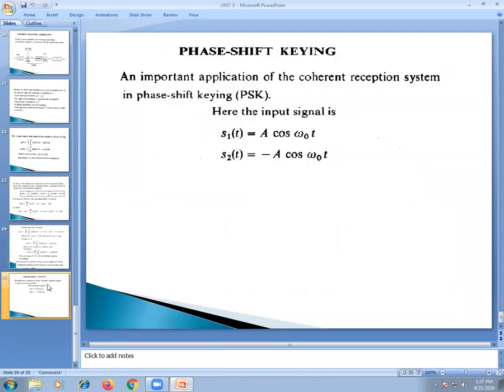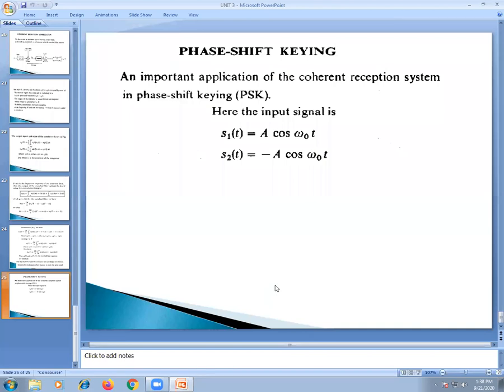The application orientation, let us see the PSK, phase shift keying. In phase shift keying, the input signal is applied to the correlation function, where the correlation function gives S naught of t and N naught of t outputs. So students, visualize the block diagram there.